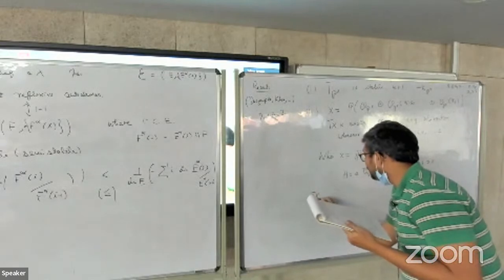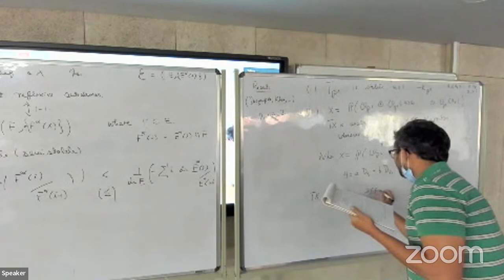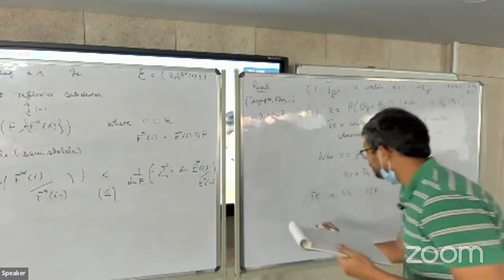Then you have a condition that T_X is semi-stable if and only if some complicated condition.